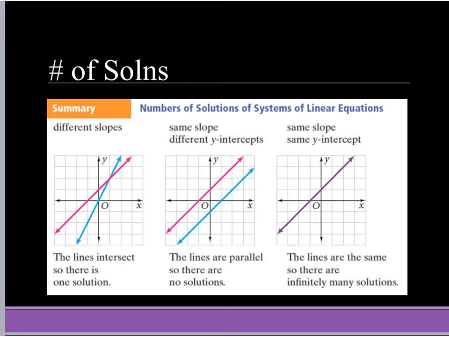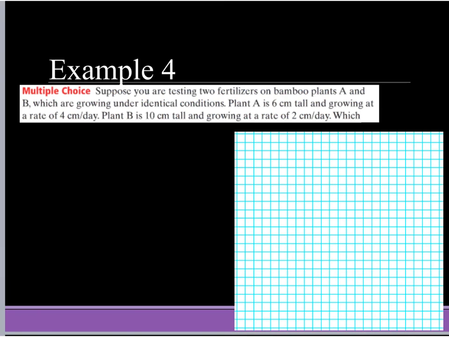And then if we end up with two equations that have the same slope and the same y-intercept, as in this case, this tells me that we have infinitely many solutions because it's the same line. So this is the way that you can tell how many solutions you're going to have. You should have either one solution, no solution, or infinitely many.